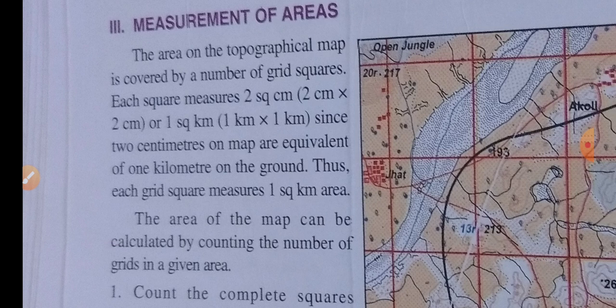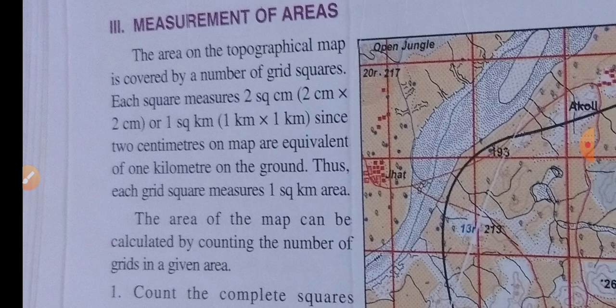Okay, so let us see what is given here in your book. You can see here is one example, and the area of the topographical map is covered by a number of grid squares. So grid squares are already there in the topographical map, so it becomes easy for anyone to find out the area from the topographical map.